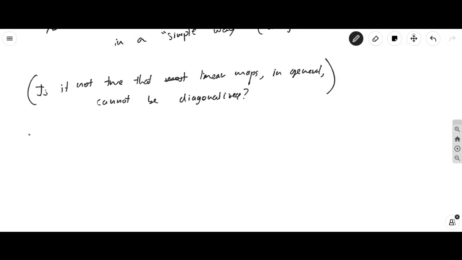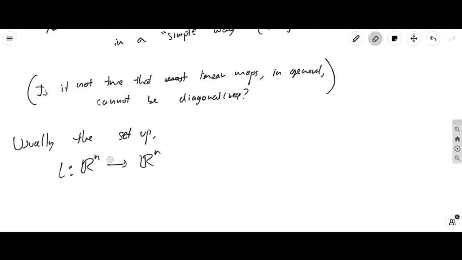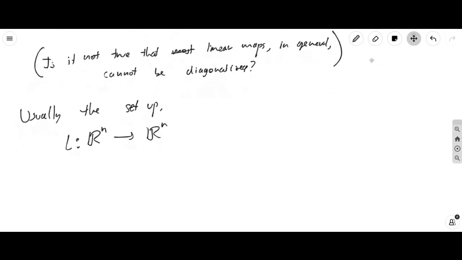When you talk about diagonalization in linear algebra, this is usually the setup. You have a linear map, let's call it L for linear map, from Rn into Rn. So you have the exact same dimension.